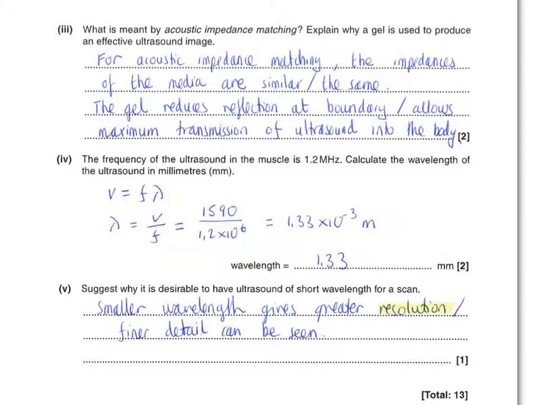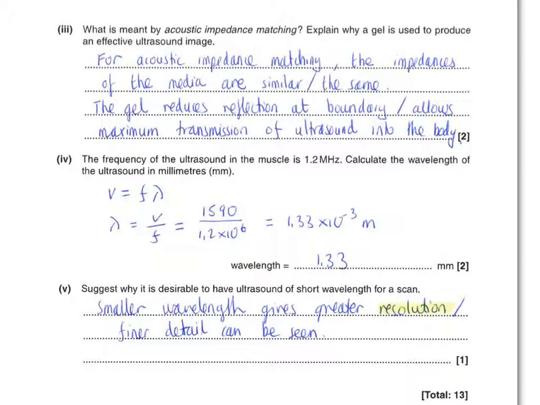Next, what is meant by acoustic impedance matching? Explain why a gel is used to produce an effective ultrasound image. So clearly two parts to this question. First of all, acoustic impedance matching means that the impedances of neighbouring media are similar or the same. Secondly, why is a gel used to produce an ultrasound image?